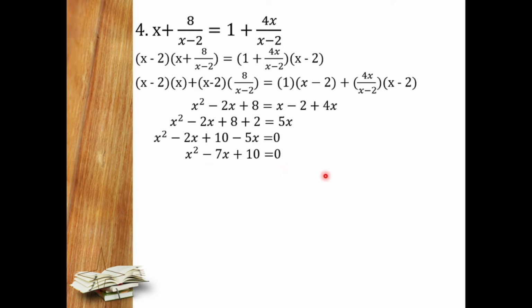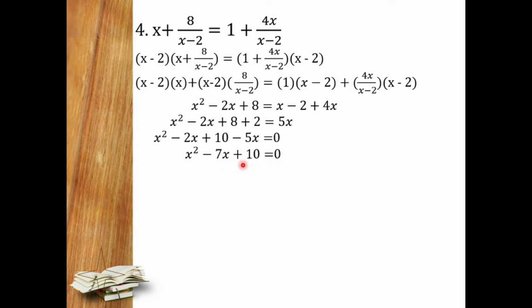So again, we can now solve using any of the method. So mas convenient kasi we are using slide to make use of the factoring method since the equation itself is factorable. Okay, so what are the factors of x squared minus 7x plus 10? Since ang middle term natin is negative, that means our factors are both negative.